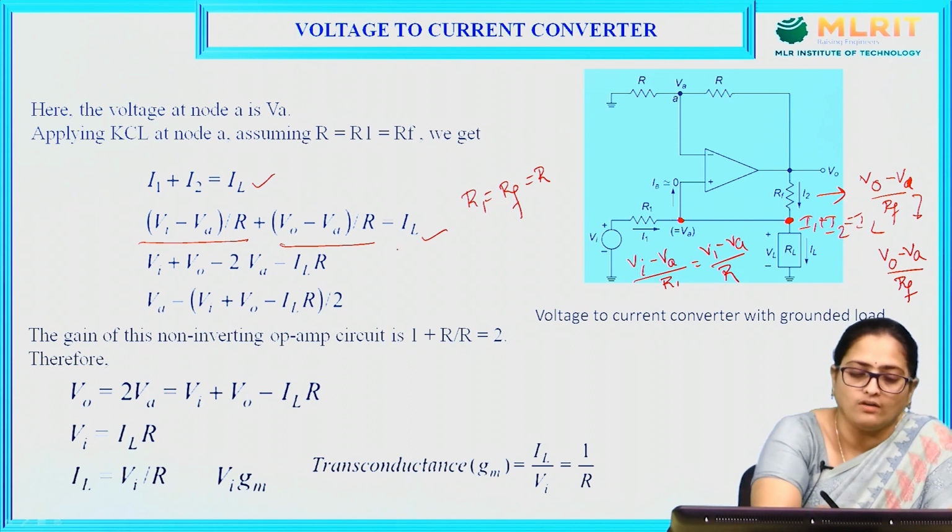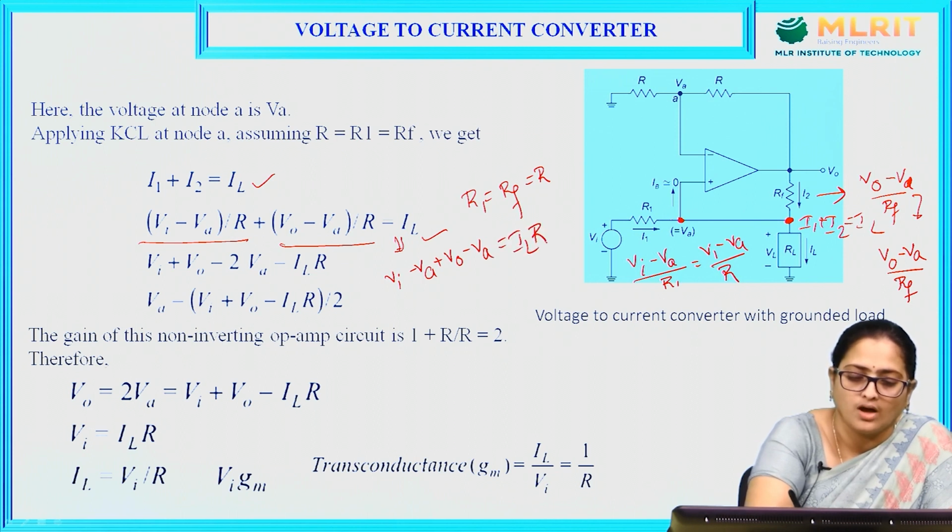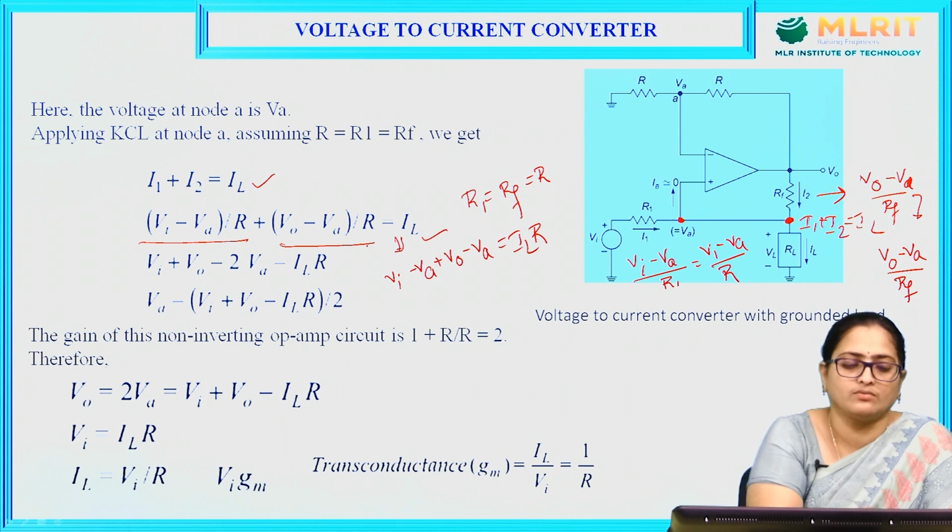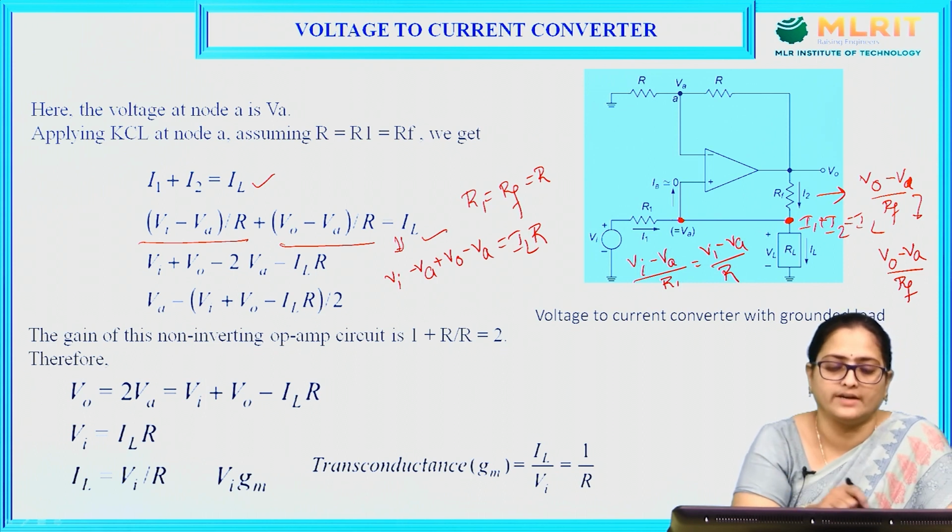If you solve this equation, you can write Vi minus Va plus V0 minus Va is equal to IL into R. The denominator R is taken to the right-hand side.